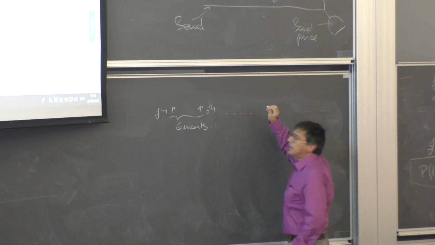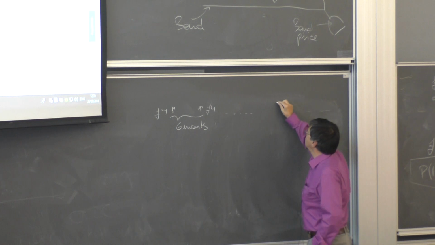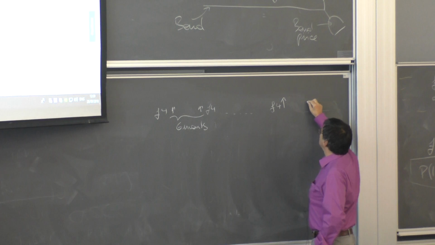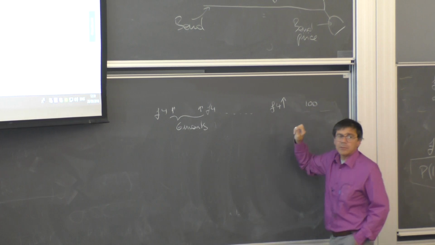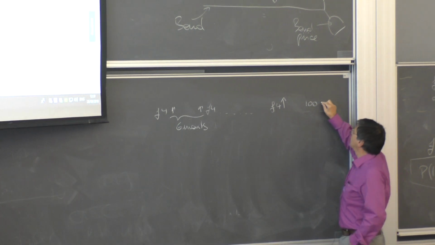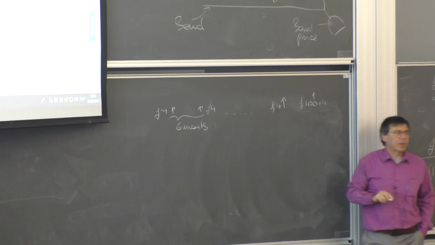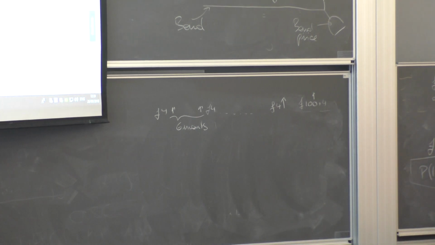Then there's going to be a penultimate payment of £4. And the last payment is going to be the £100 face value plus the last coupon of £4. This is the final payment. This is the bond I'm describing here.